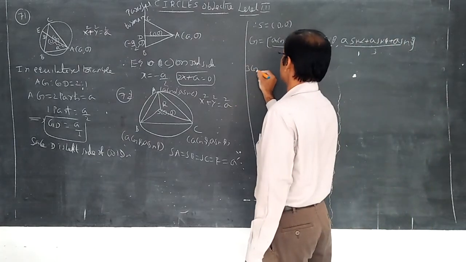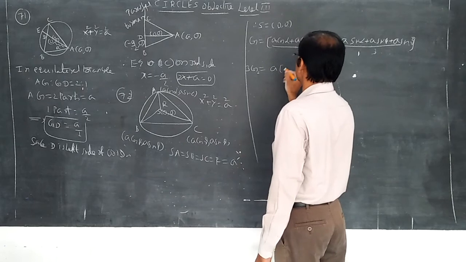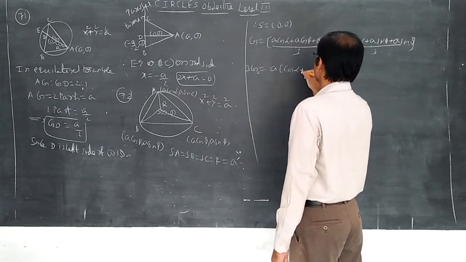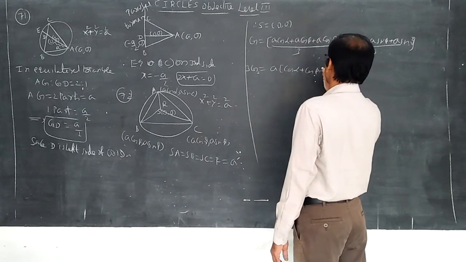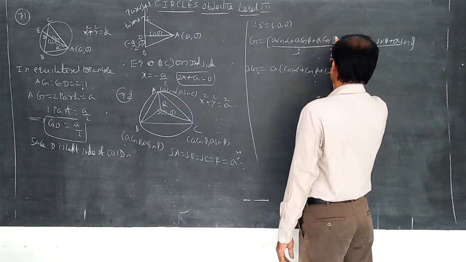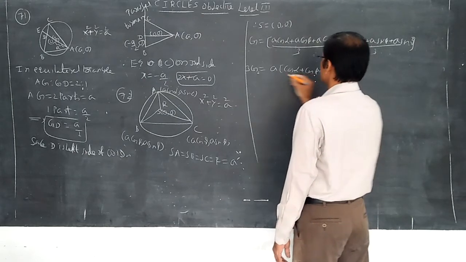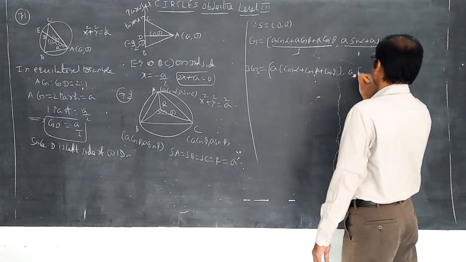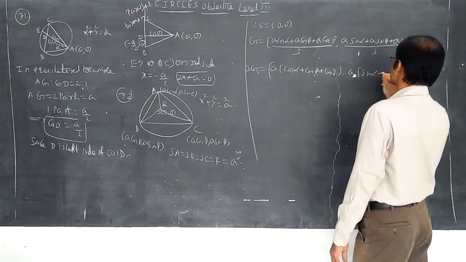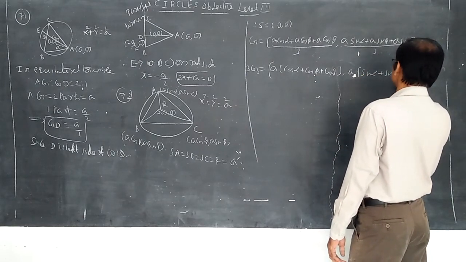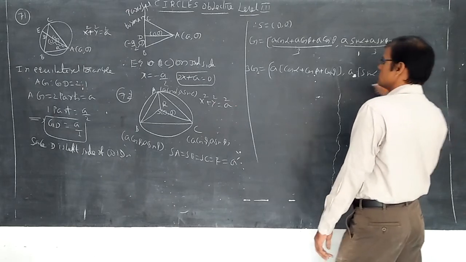You write here 3G is equal to a taken common within the brackets, cos alpha plus cos beta plus cos gamma, and here also a taken common within the brackets, sin alpha plus sin beta plus sin gamma.